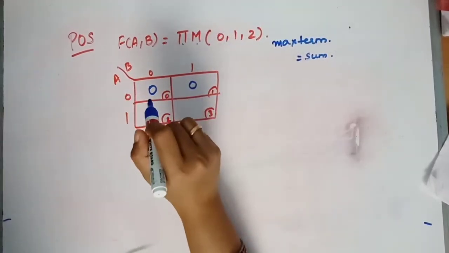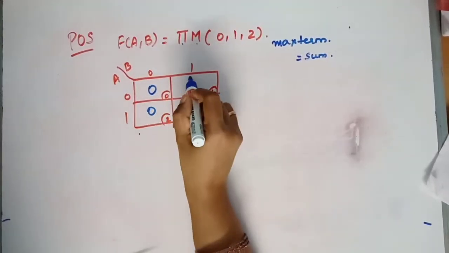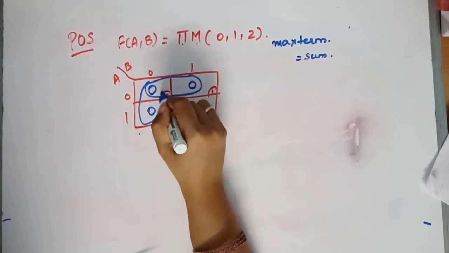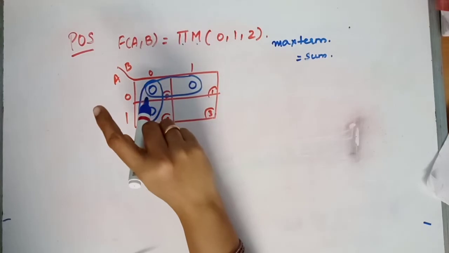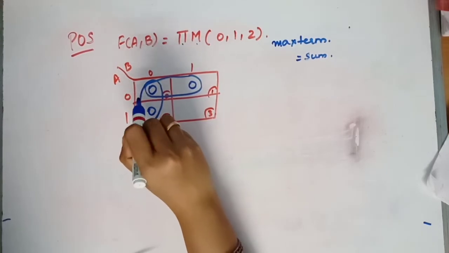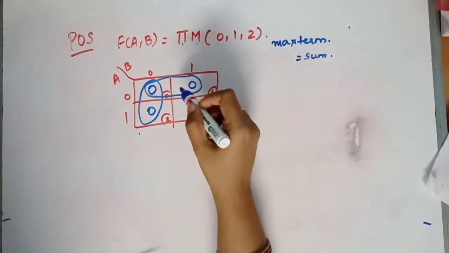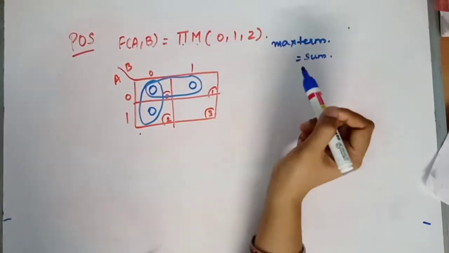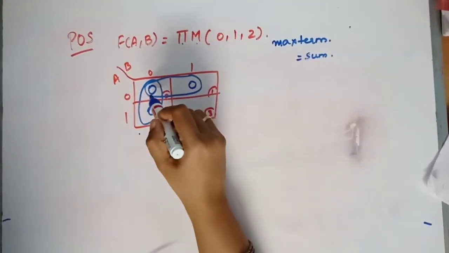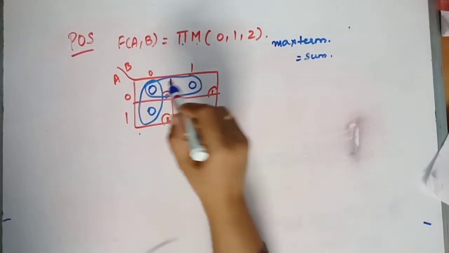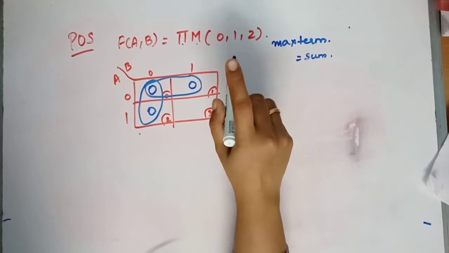So here you will be grouping the zeros. Similar to SOP, where in SOP you will be grouping the ones, in POS you will be grouping the zeros. So after grouping, how do you read it? So here we are grouping the zeros. There you were grouping the ones.